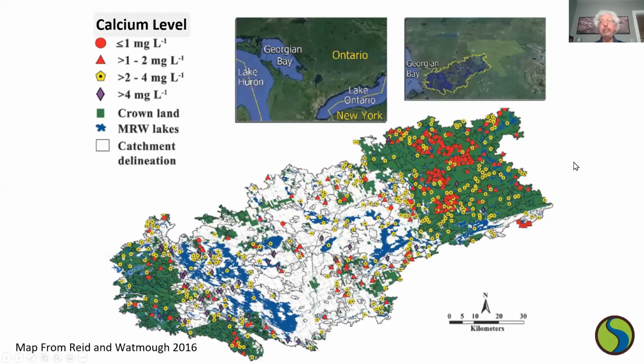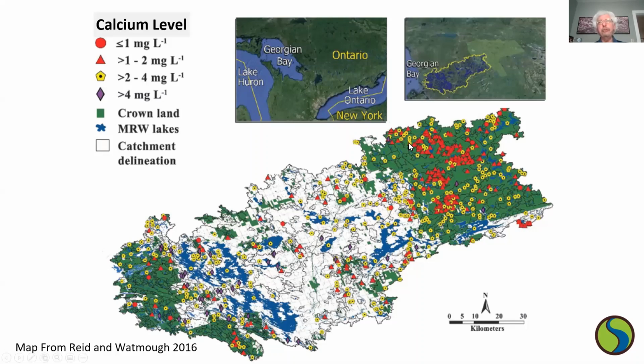I sampled about 280 of these lakes with the help of a number of students. And I just want you to look at the number of red dots on this map. Each dot indicates a lake, and there's 590 on this map, but about half of these lakes have less than 2 milligrams per liter of calcium, those in red.